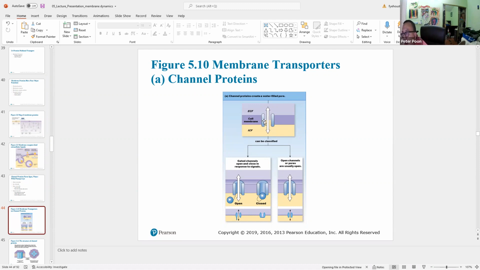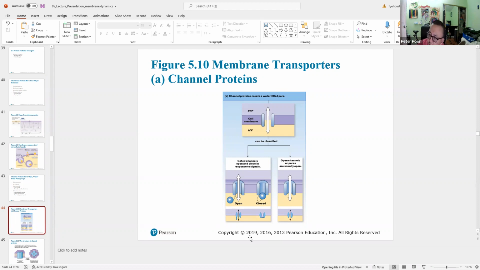You have two types. Open channels are usually open. Pores are always open. There's no real way to close them. Gated channels work by a gate. We usually draw them with an open gate versus a closed gate, and it looks like a human gate or door.